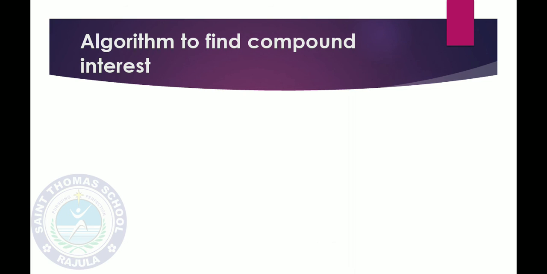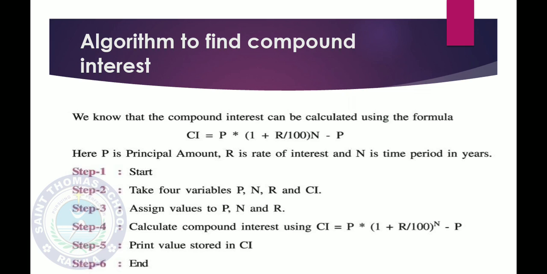Here the formula is CI, compound interest, equals P multiplied by (1 plus R divided by 100) raised to n, minus P. You have already calculated compound interest in maths. Here P is the principal amount, R is the interest rate, and n is the time period. With the help of these three things we are going to calculate our compound interest.